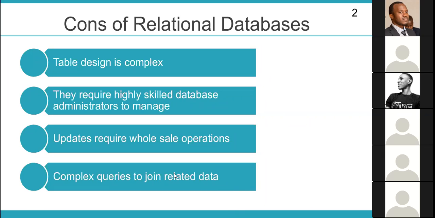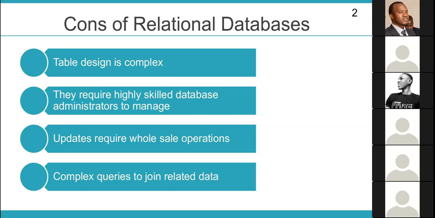Okay, let's proceed. Another disadvantage is that relational databases require really highly skilled database administrators to manage. And then they require wholesale operations. If you wanted to make an update in your SQL database, for example, if you have a table already created and you want to add another column, you have to update.